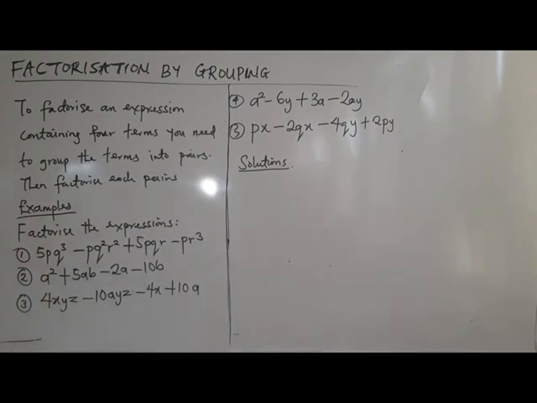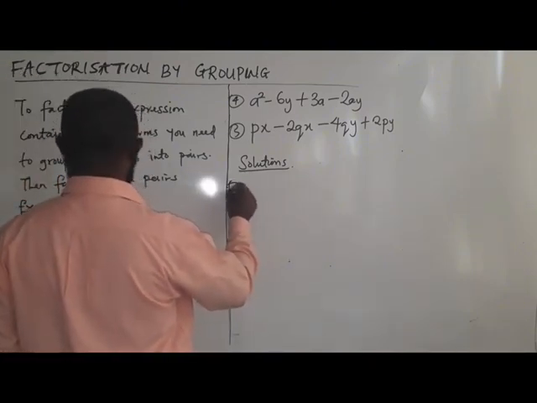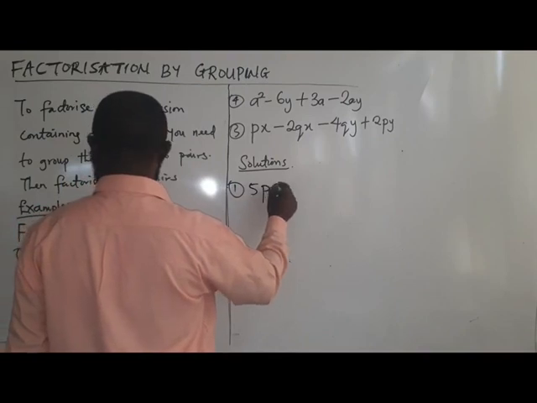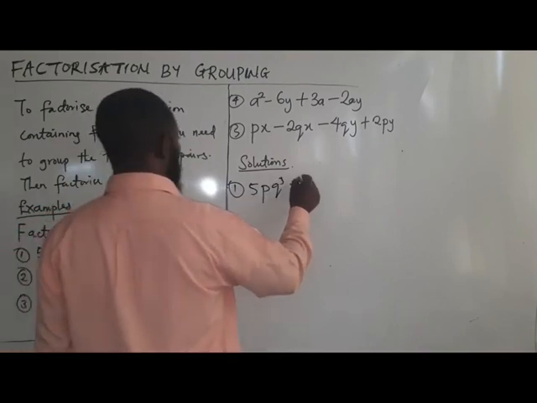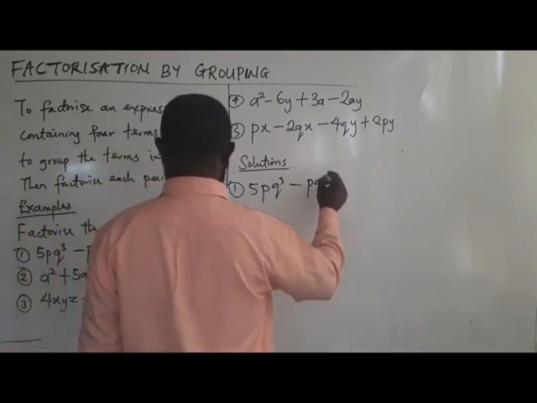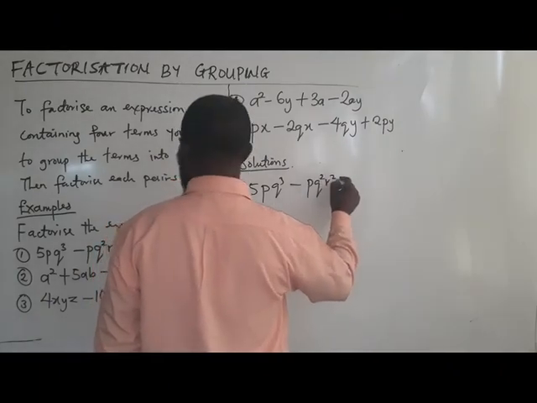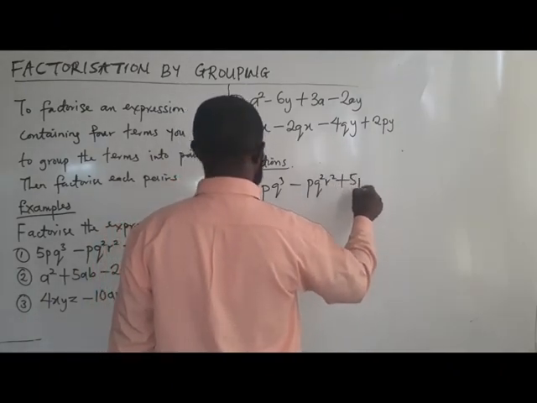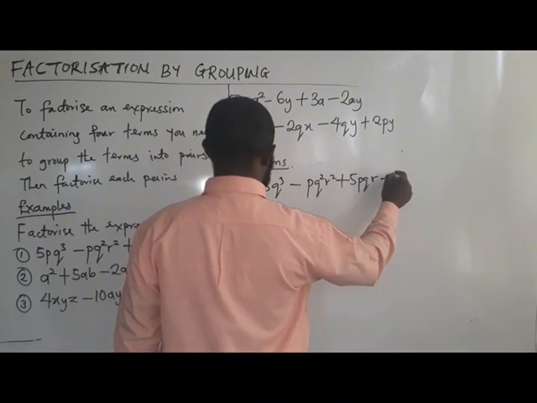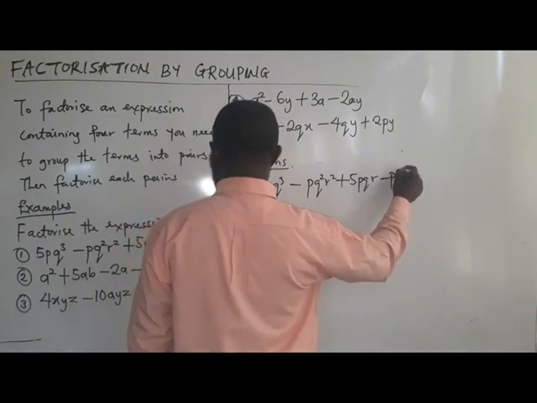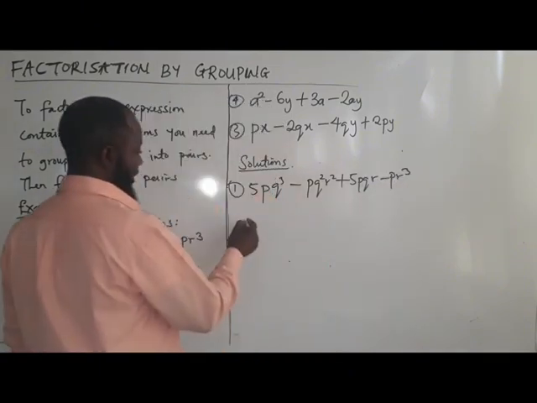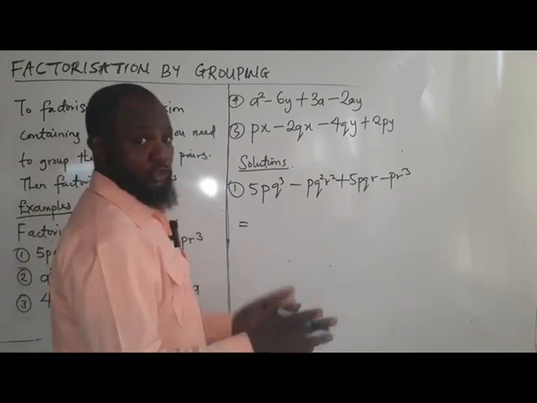The first example that we have here is 5pq cubed minus pq squared r squared plus 5pqr minus pr squared q. The first thing to do is to group them in twos.